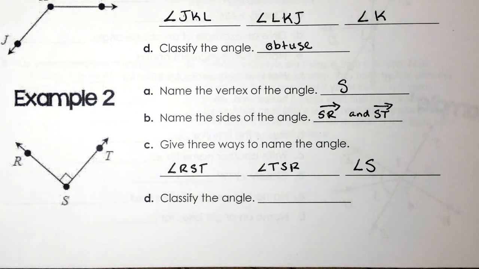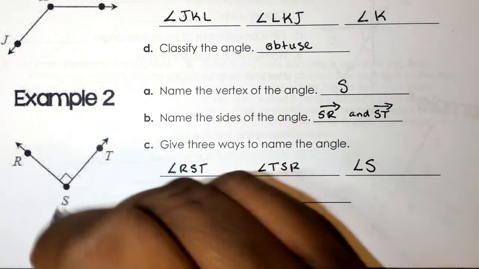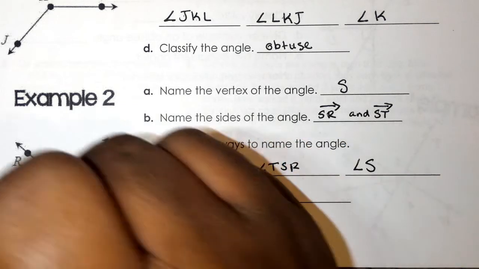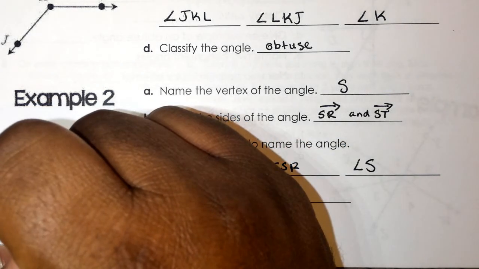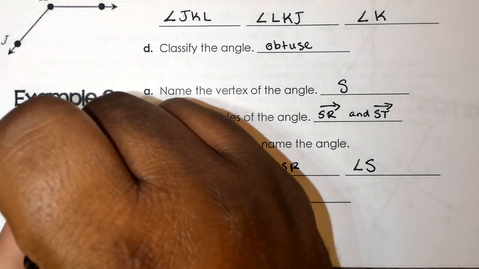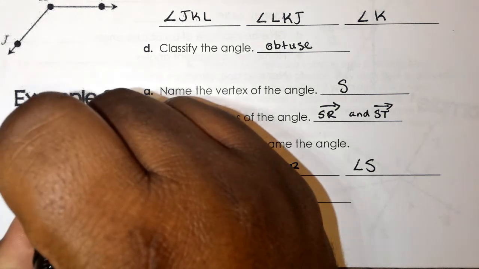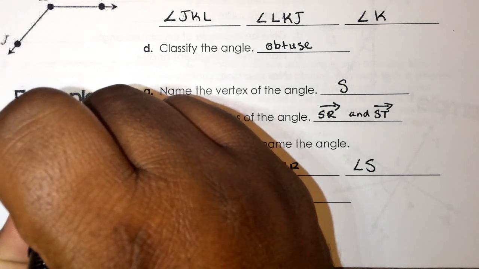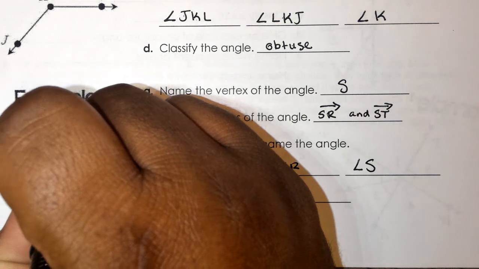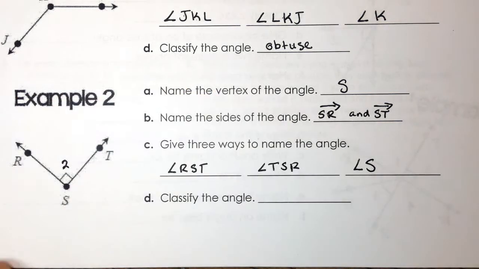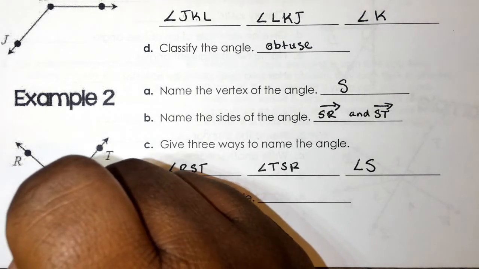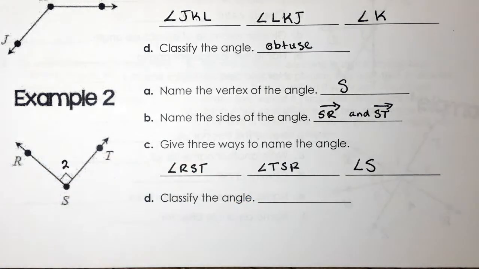I'm going to add something in just because I think it'll help us for future reference too. When they have angles like this, sometimes instead of a letter at the vertex, they'll put a number, if they have more than one angle connected to each other. You'll see it on the back too. They'll have the angles numbered in the area where they're formed.